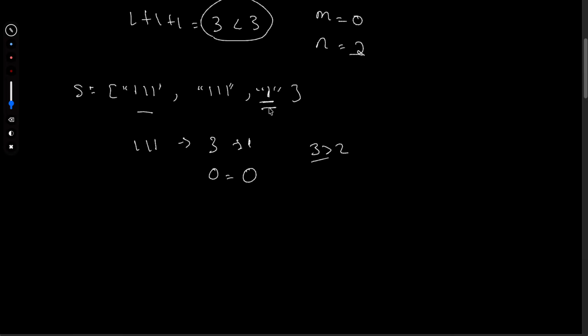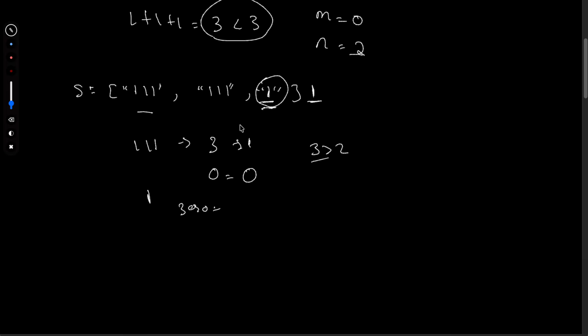We can consider the string 1: it has 1 one and there is no 0, so we can take it. So the maximum answer is 1, only one string can be taken.